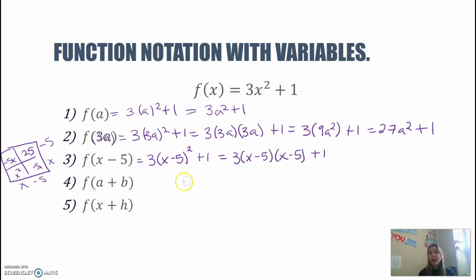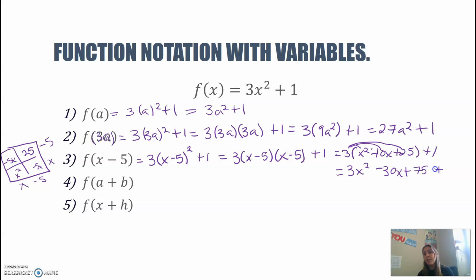So if we do that, then we end up with, combining our like terms, 3 times x squared minus 10x plus 25 plus 1. Then we need to distribute that 3 in front to everything. So we end up with 3x squared minus 30x plus 75 plus 1.